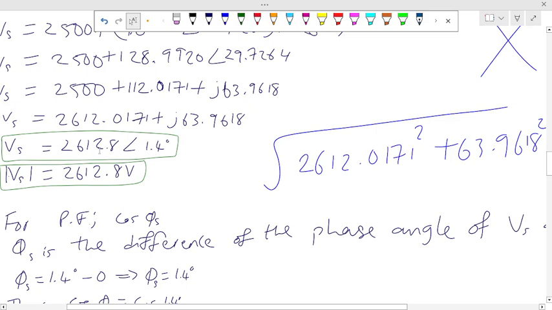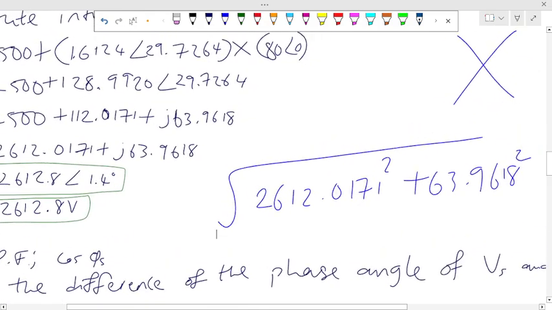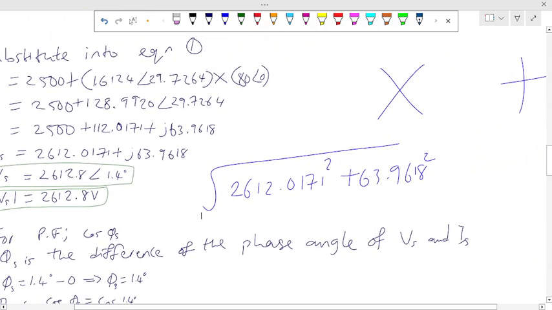Then for the direction, that's the angle, you do this: the imaginary part, which is 63.9618, divided by 2612.0171.